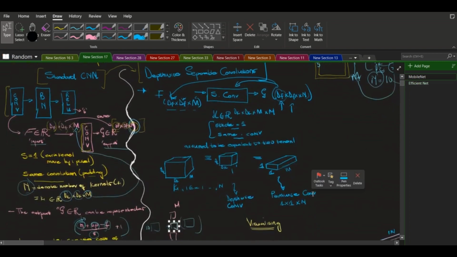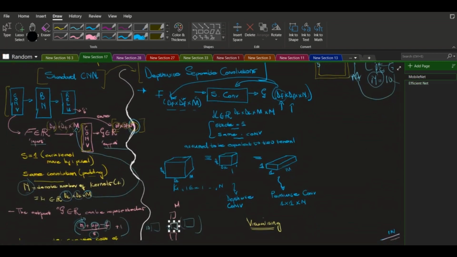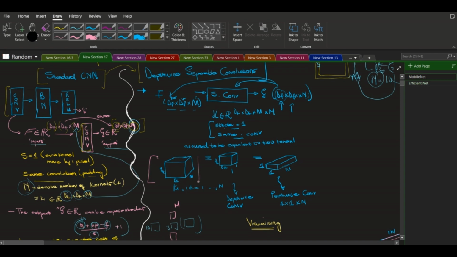Then what we do, this is the concept of depthwise. Just stick with me now, right? So we said that in the standard convolution, we have Dk by Dk by M. We can break this into Dk by Dk by 1, and we call this depthwise convolution. You can think of this as convolving the spatial dimension, just Dk by Dk by 1.